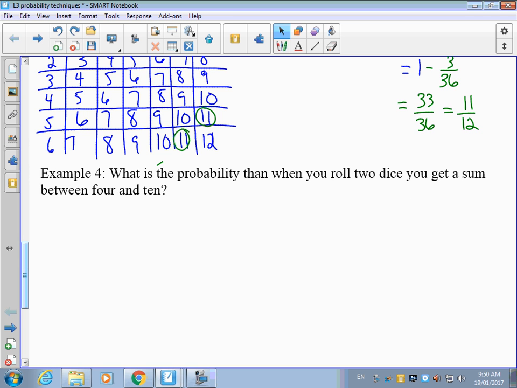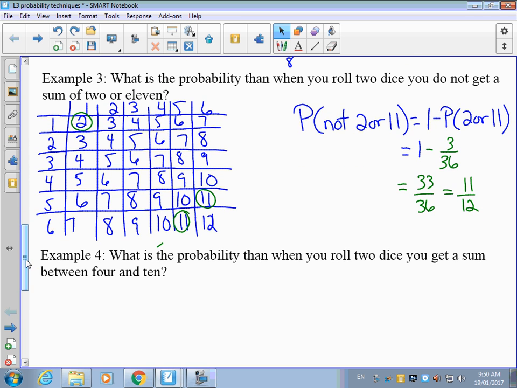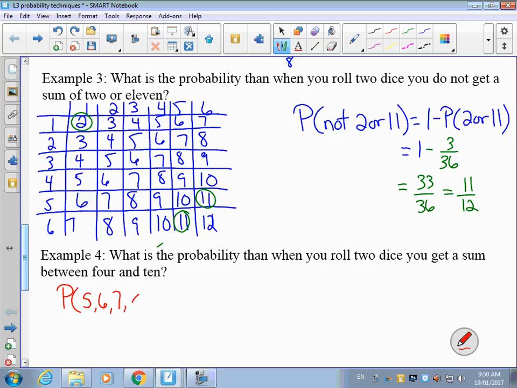Slide that up. All right, what's the probability when you roll 2 dice, you get a sum between 4 and 10? So that means if I want it between 4 and 10, I'm looking at 5, 6, 7, 8, and 9.